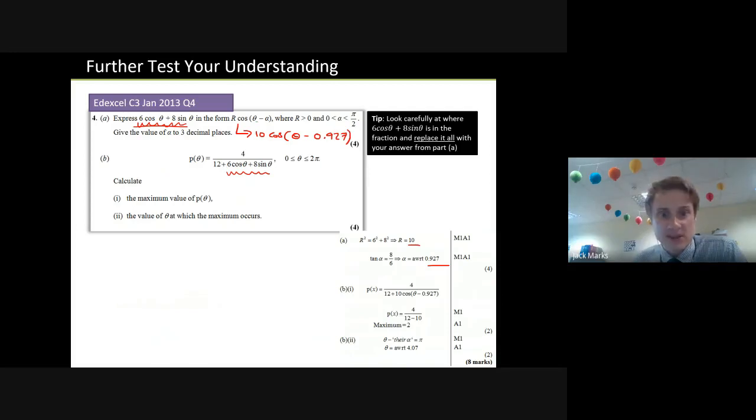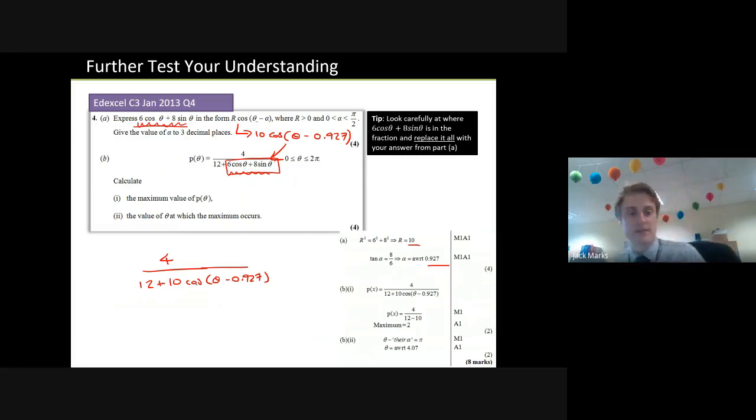So you're meant to substitute that whole part there with this. So it becomes 4/12 plus 10 cos of theta minus 0.927. And now that looks something like what we were dealing with on the previous slide.